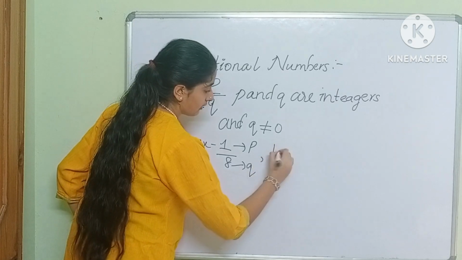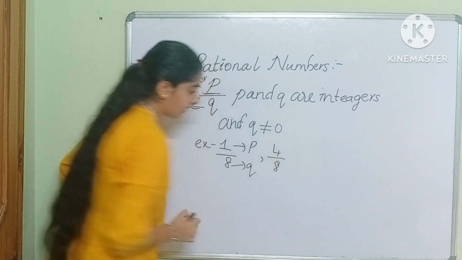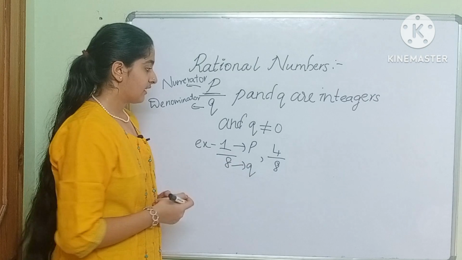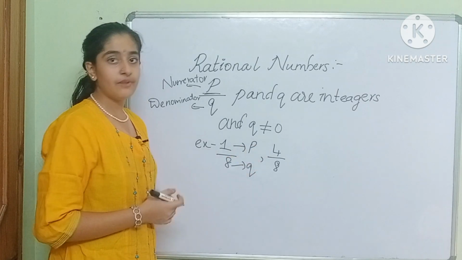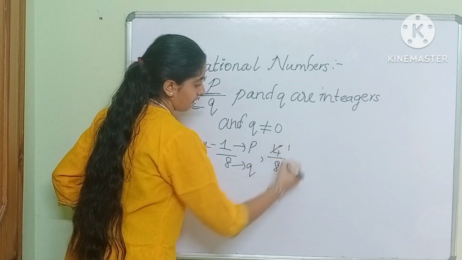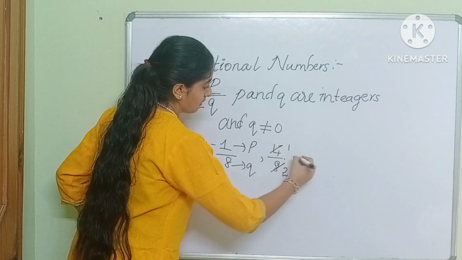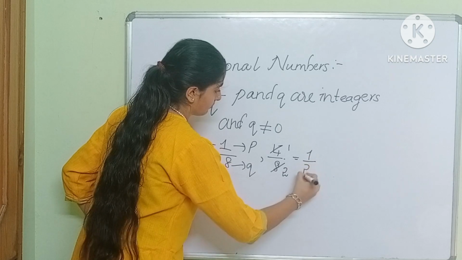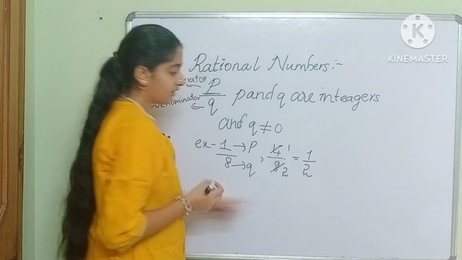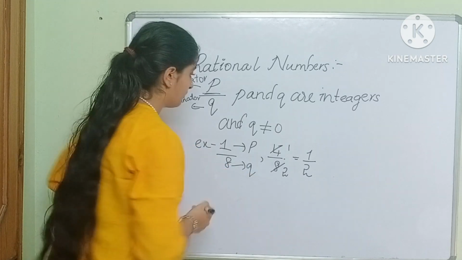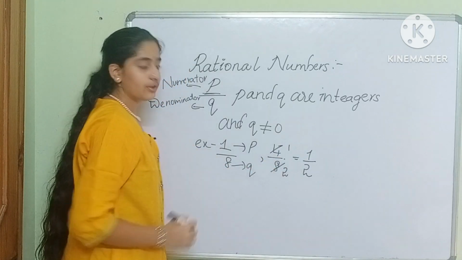Another one is 4 by 8. Here everyone makes a mistake that it is in the fraction form, but it should be simplified. So 4 ones are 4, 4 twos are 8. So 1 by 2. This is in the rational form. 1 is the numerator and 2 is the denominator.